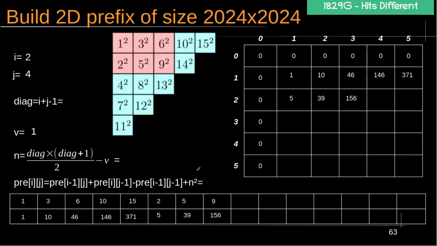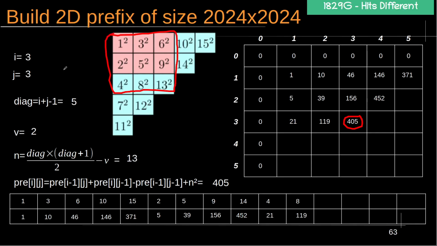We go a little bit quickly. Let's take this number, 405. This number is the sum of this range. Let's check together first.